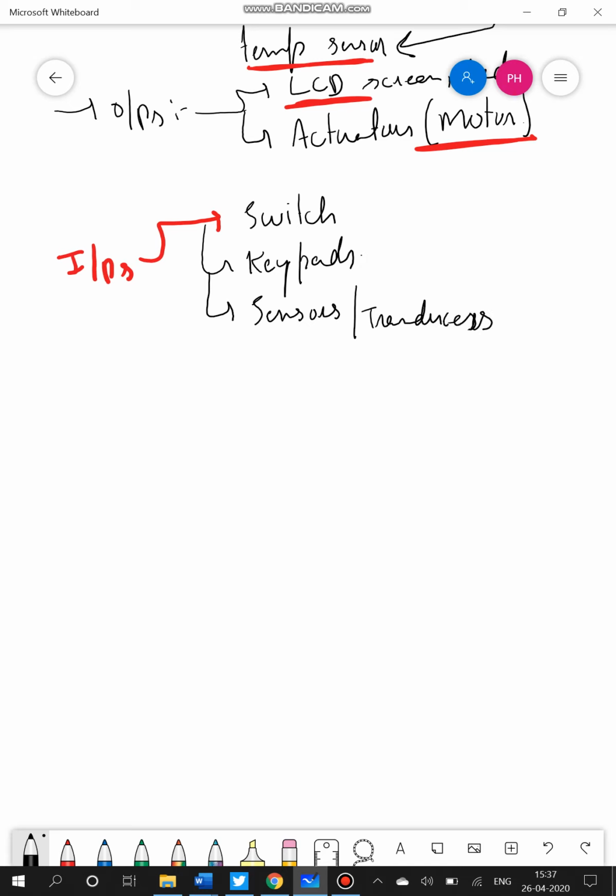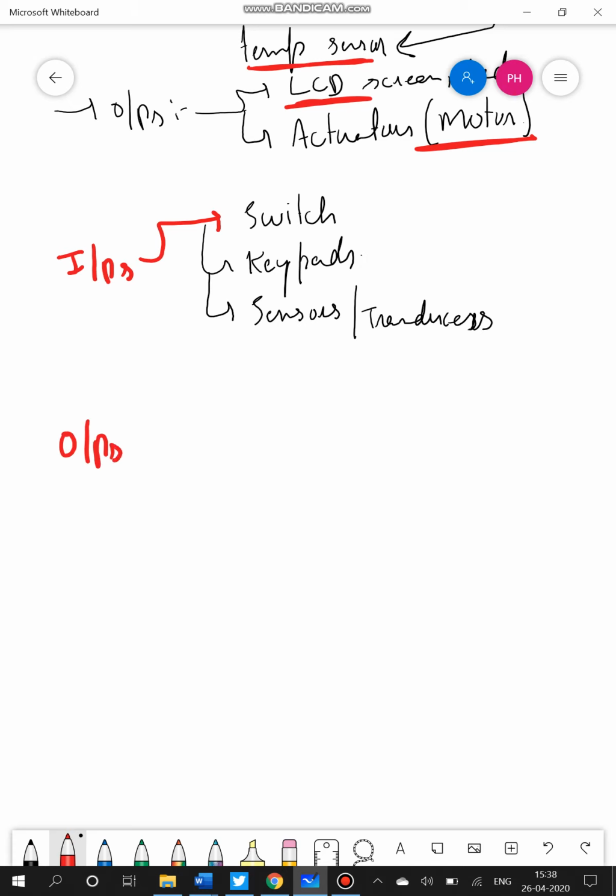Sensors or transducers are those components that transform a physical quantity, any physical quantity like temperature, pressure, into electrical signals, voltage or current change.